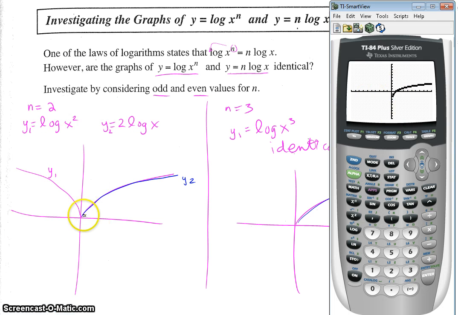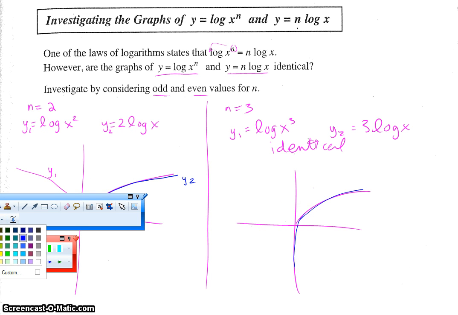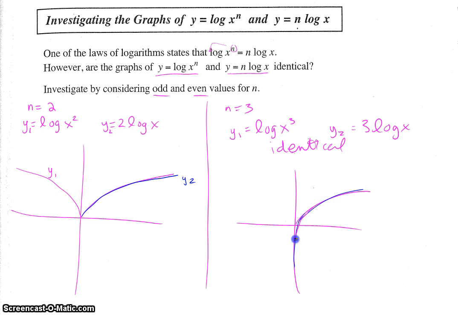Sorry, I'm having them start here, but they actually go like that, that's what I get when I don't look at the graph close enough. And for these ones, same thing. Here, this went down like that. Anyways, the point being how the graphs look on top of each other. So these ones are identical, those ones are not.